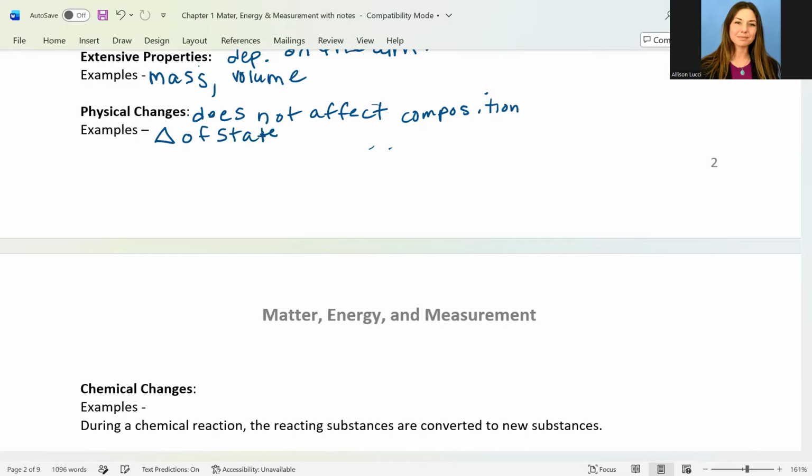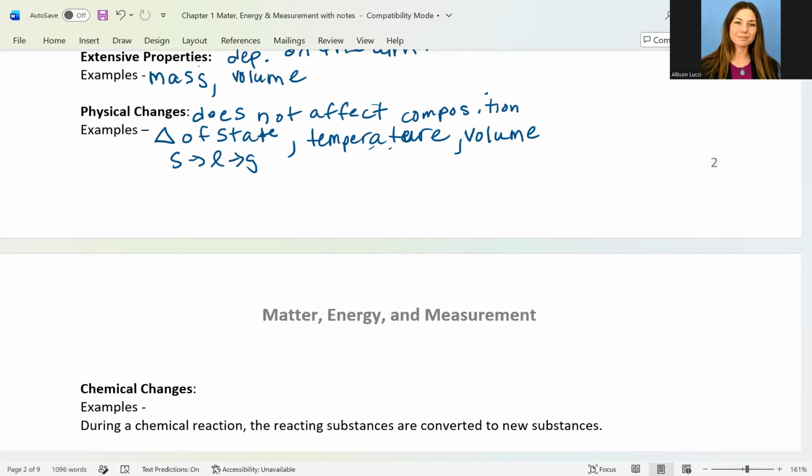So phase is another way of saying that. So going from solid to liquid to gas, that would be a physical change. So things like evaporation, a change in temperature. That doesn't affect your composition, through phase change, volume change. So if you halve the volume of something, etc.